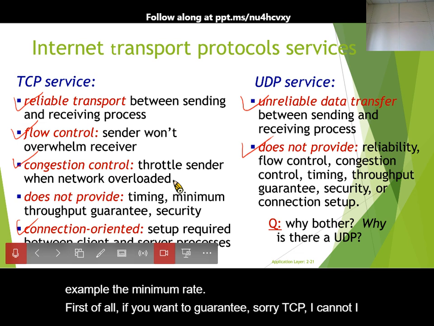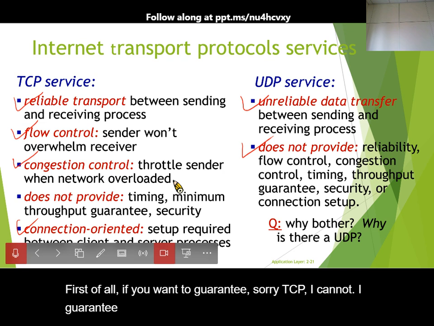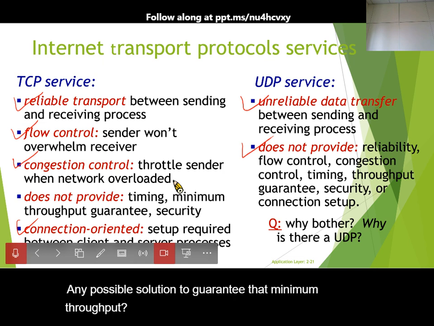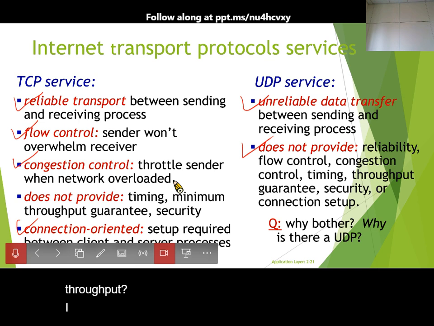If TCP cannot, is there any possible solution to guarantee the minimum throughput by the network layer? If yes, raise your hands. By link layer? By physical layer? No, right? Oh, yes?